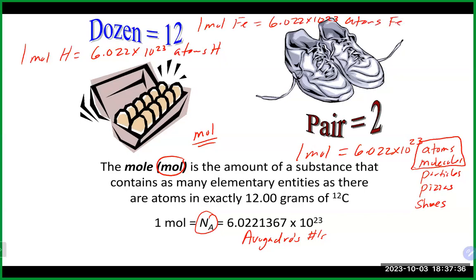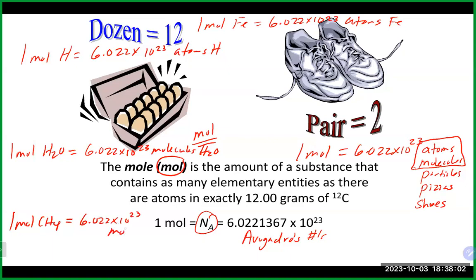Also applies to things that are not individual elements, like if I had 1 mole of water, I would have how many molecules of water? 6.022 times 10 to the 23 molecules of water. If I had 1 mole of methane, I would have 6.022 times 10 to the 23 molecules of methane. So here we use molecules for water and methane because they are molecules. For individual elements, we use atoms as the unit, and that's again what we're talking about, that they can change.